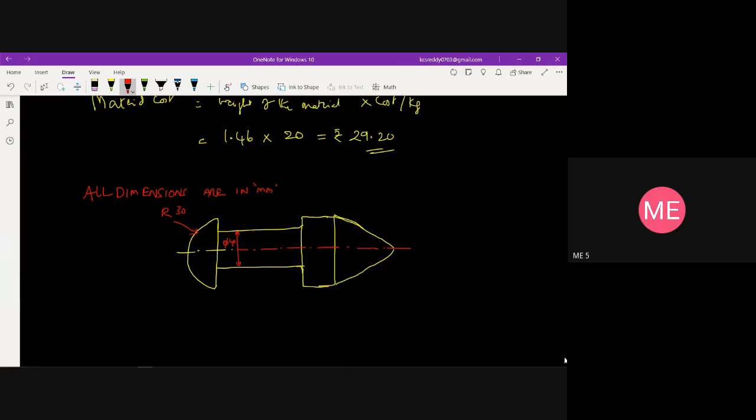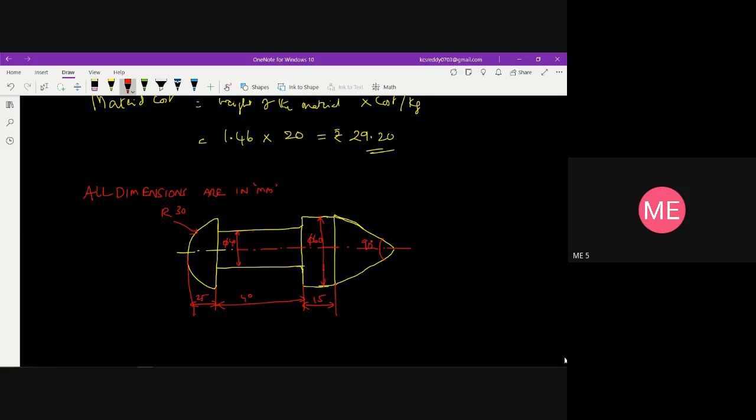The diameter of this is given as 60, and the angle is given as 90 degrees. This length is 25, this length is given as 40, and this length is given as 15.